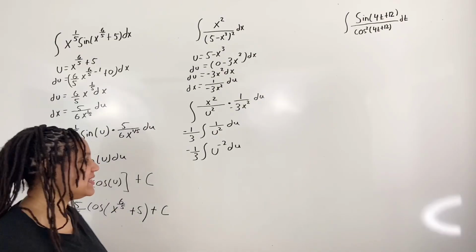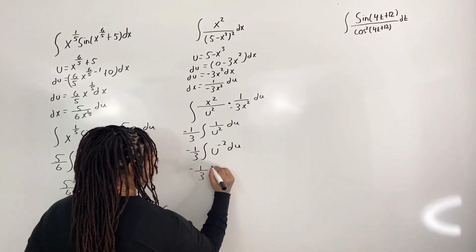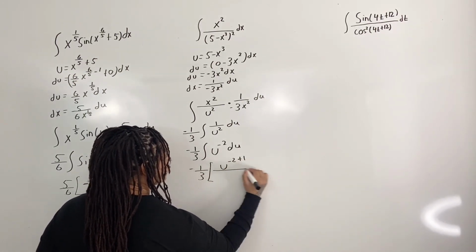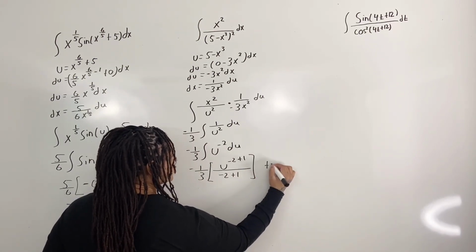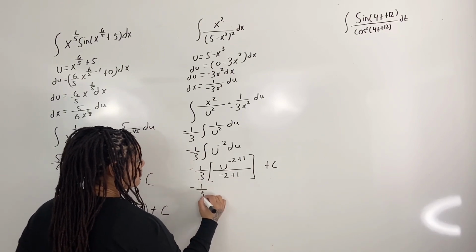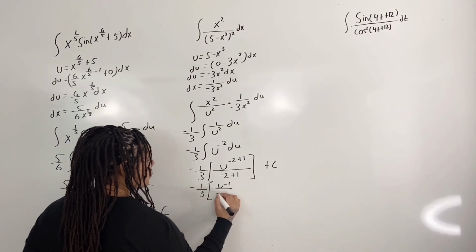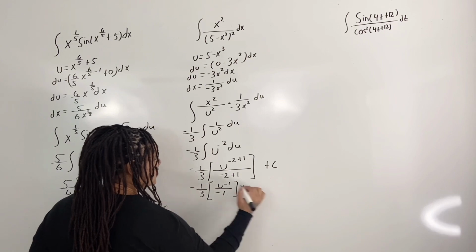So evaluating the integral, we have negative 1/3 times u to the negative 2 plus 1 over negative 2 plus 1, plus c. So that gives me negative 1/3 times u to the negative 1 over negative 1 plus c.